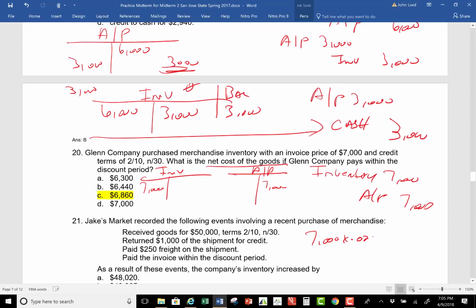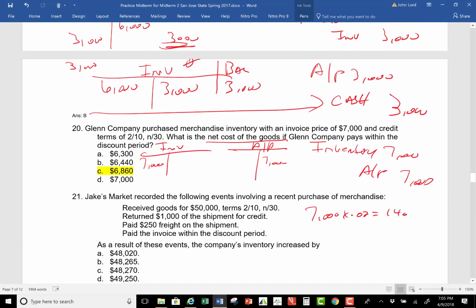What's that? 140? Okay. So when they pay this, they're going to debit accounts payable for 7,000, because the seller is willing to accept payment in full for a little bit less, right? So we're going to credit cash for the difference, which is 6,860, and then what do we do with this credit for 140? Where's that going?